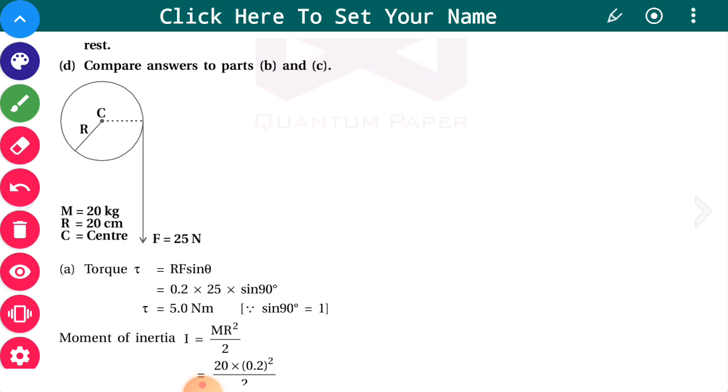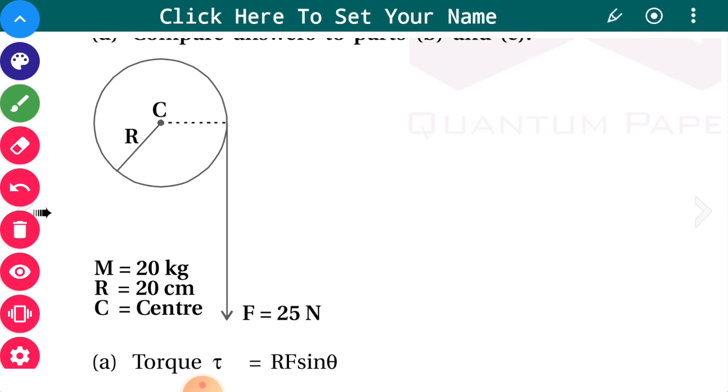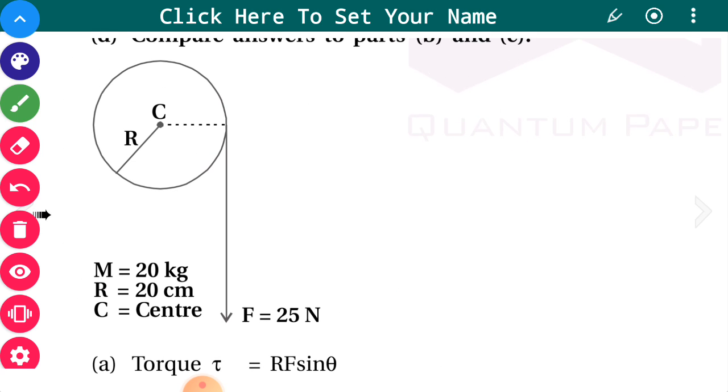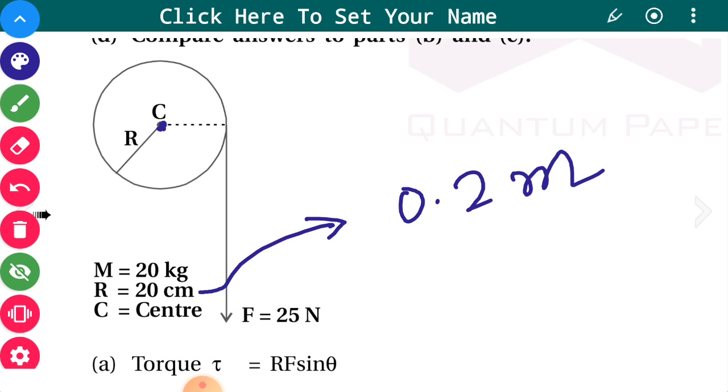Now see, this is the flywheel, and the axle is passing through its center C. Radius is 20 centimeter, so you can write 0.2 meter. Mass of this flywheel is 20 kg. Here 25 Newton force is applied, so this will start rotation.